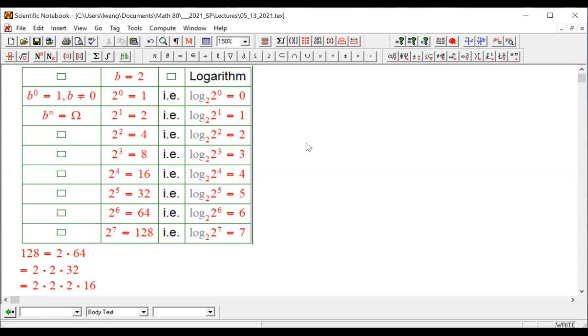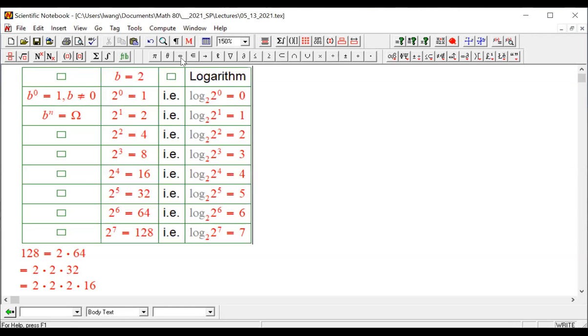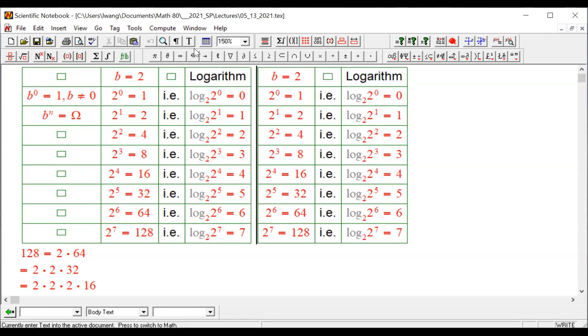Now we're gonna have more questions just about base 2. Are you ready? I'm gonna make another table, but this time, of course, we're not gonna work on the same table.